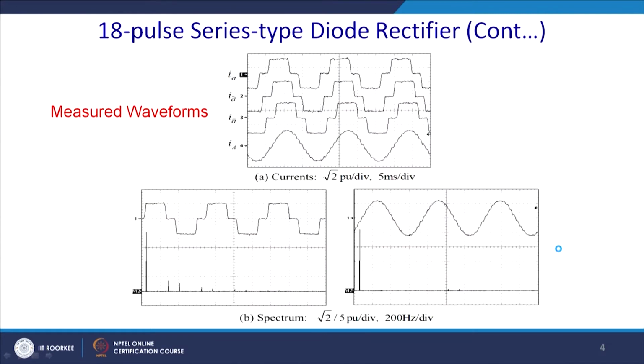So, this is the waveform, we can see that this is the IA, this is a 6 step waveform. They are phase shifted by 20 degrees, this is minus 20. Thereafter, this one is at 0, we assume that there is 0 phase shift.